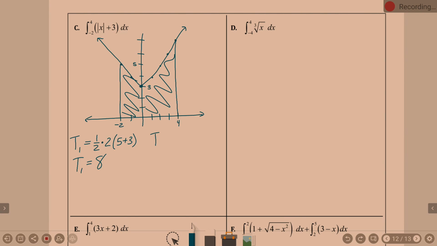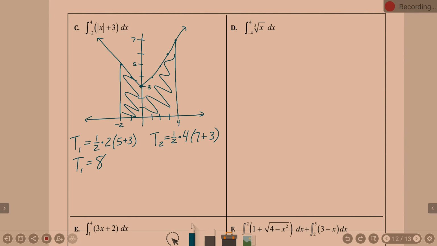Second trapezoid? 7 times 4. 1/2. This time we have a height of 4, bases of 7 and 3.